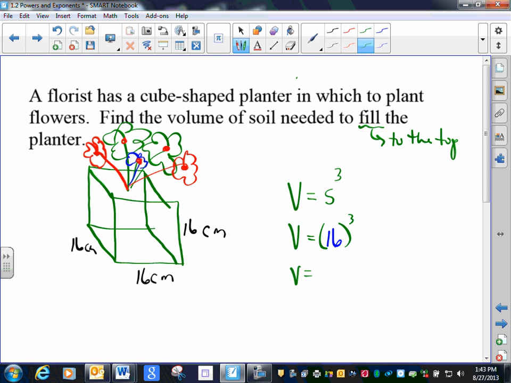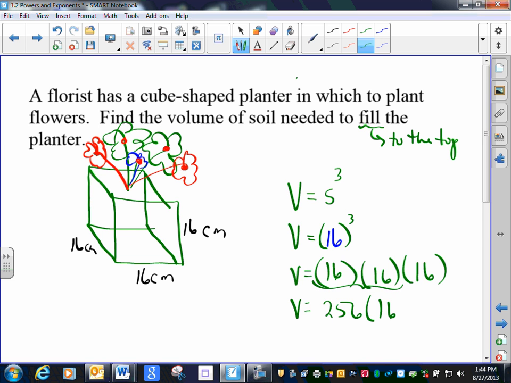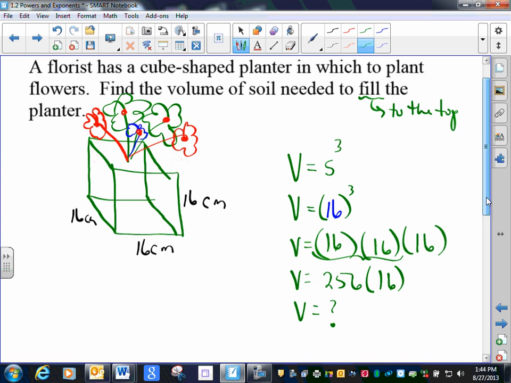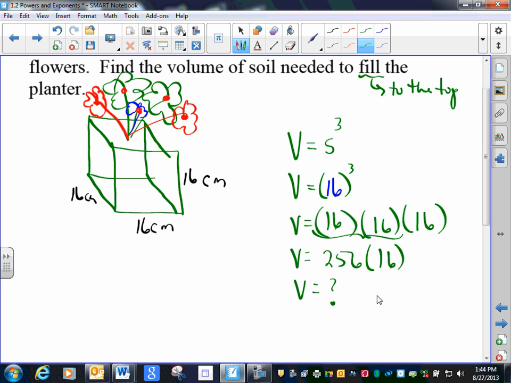So I am wanting to know what 16 times 16 times 16 really is. Well, I know my squares pretty well. 16 times 16 is 256 times 16, and I'm going to let you finish that arithmetic up on your own. And we are going to say cubic centimeters because we add the unit, and it's cubic units because we have 3 dimensions to the volume.